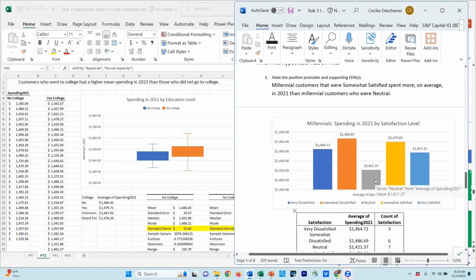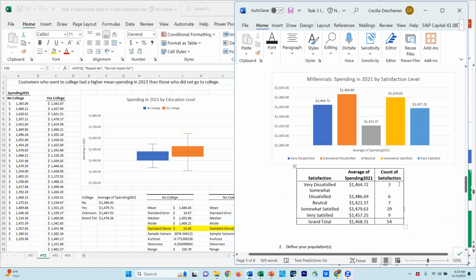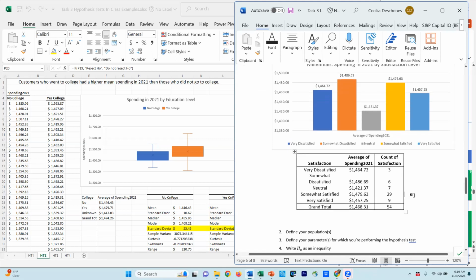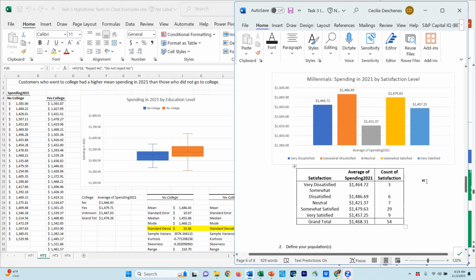Now, I actually think that in the real world, I'm not asking you to do this because I know it's a lot of extra work. In the real world, I would actually group. I'd create a new variable where I would bin somewhat satisfied and very satisfied. And I would bin very dissatisfied and somewhat dissatisfied and see how that new variable that had those binned compared to each other, because I think that would be more useful.